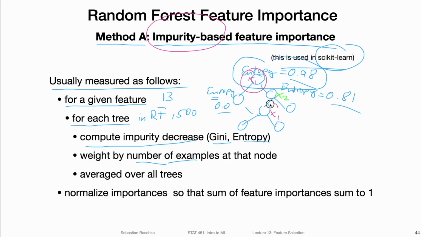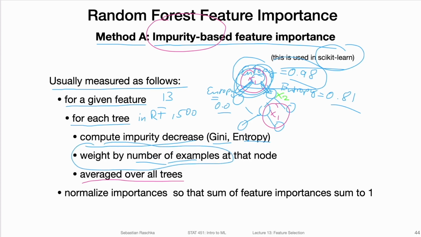So we would look at the impurity decrease for the whole tree, how often that feature gets used. And we also do that for all the trees. So we look at all the times a feature is used, and technically the higher up the feature is in the tree, the more important it is because it splits more data points, right? So the higher up, usually the more important the feature, and this is reflected by weighting by the number of examples.